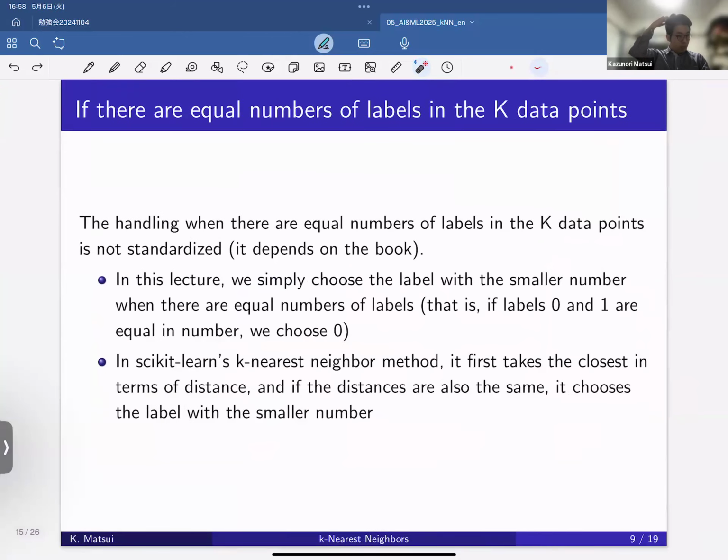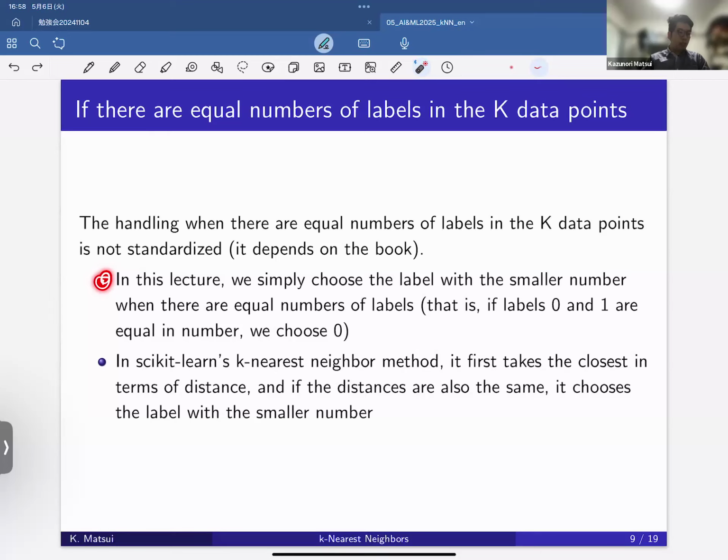Okay. Let me now address a detailed point. What to do when there are equal numbers of levels among the k data points in the k-nearest neighbors method. This can be considered a case where the data is on the decision boundary, but the handling is not standardized across reference books. In this lecture, when there are equal numbers of levels, we simply choose the one with the smaller number.